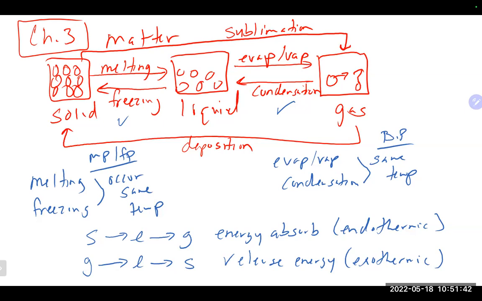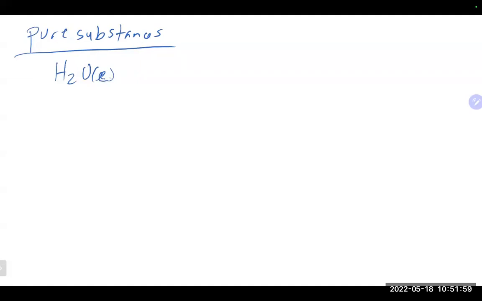In addition, in this chapter, we also talked about some other stuff. We talked about pure substances. And remember, a pure substance is really just one thing by itself, like water.